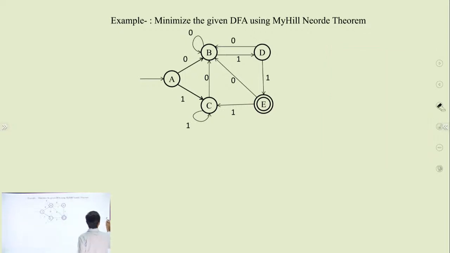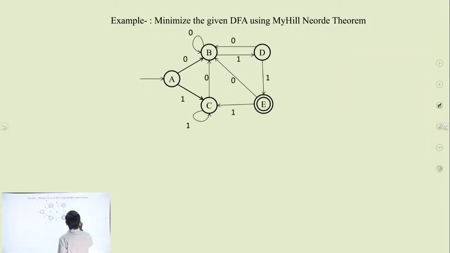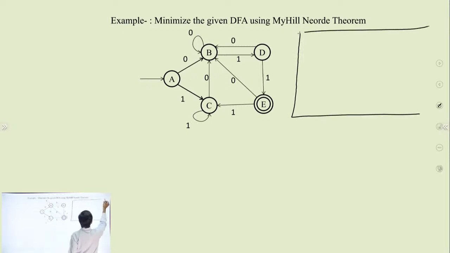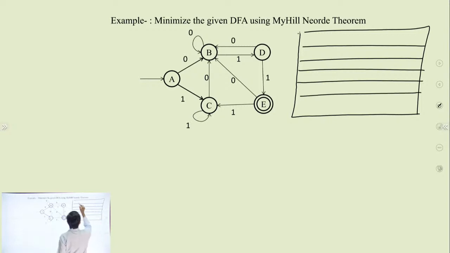Okay. So let's write the table for that. So how many states are there? There are a total of 5 states. So we make the table for these states.